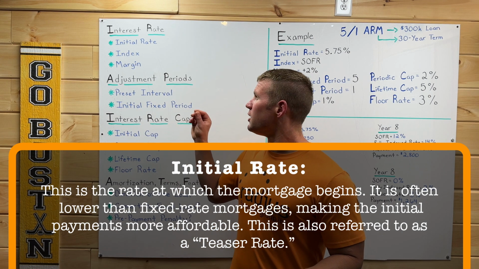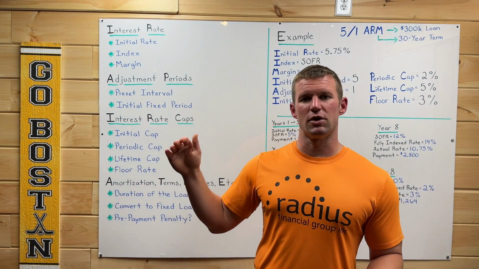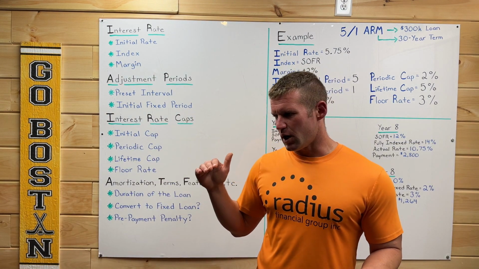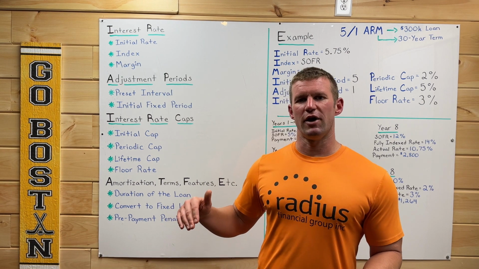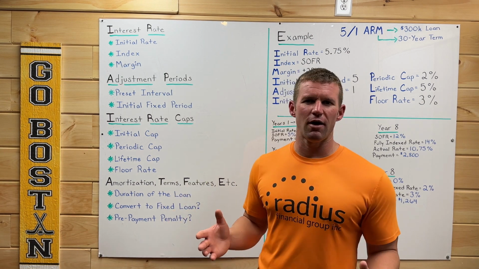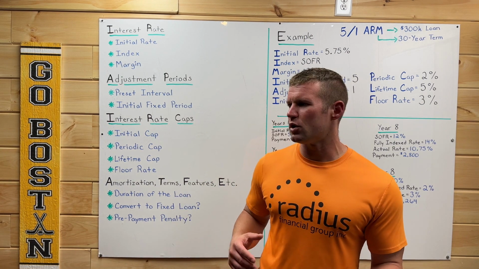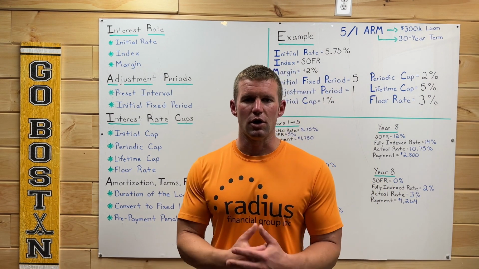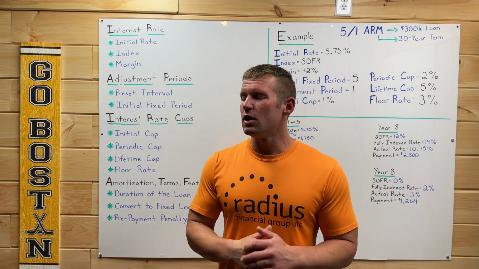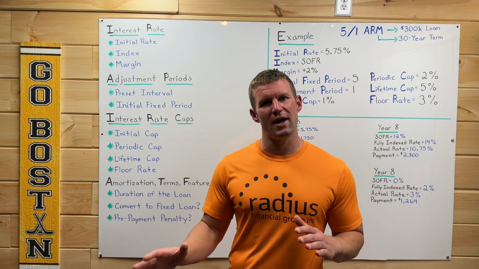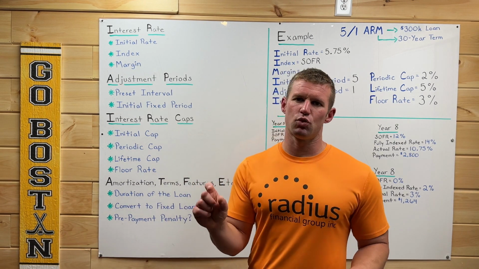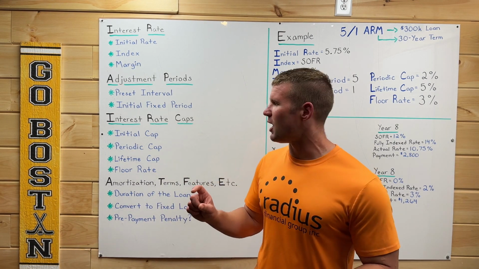And it is called a teaser rate because that interest rate is going to be slightly lower than a fixed rate, and this can vary. Sometimes it's 0.25% lower. Sometimes it's over a point, a full percentage point lower than a fixed rate, but it can vary. But just know that initial rate, that's only fixed for a certain amount of time.